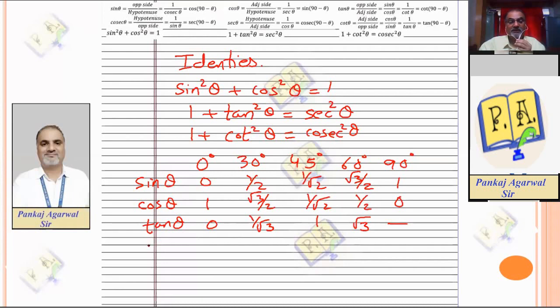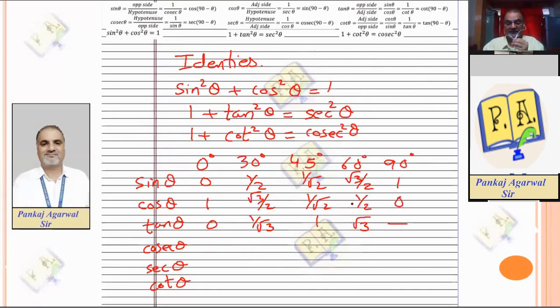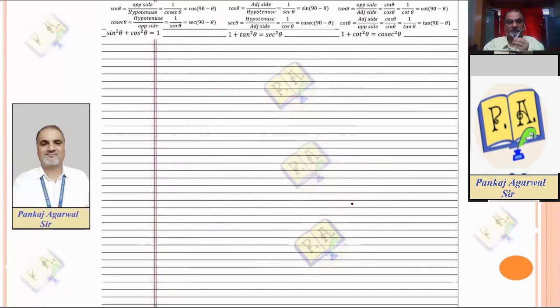In the same manner, we can also define cosec theta, sec theta, cot theta. We'll be sharing these values with you, but they are the reciprocal of the above values. That's all. Now, friends, we have studied these ratios. We have also studied the relationship of the identities. We only need to know them.